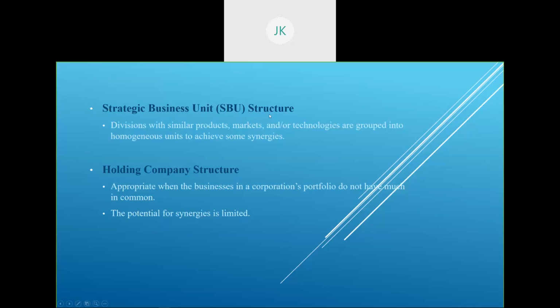Strategic business unit structure groups divisions with a similar product, and then holding company structure is maybe different types of business groups, different types of product.